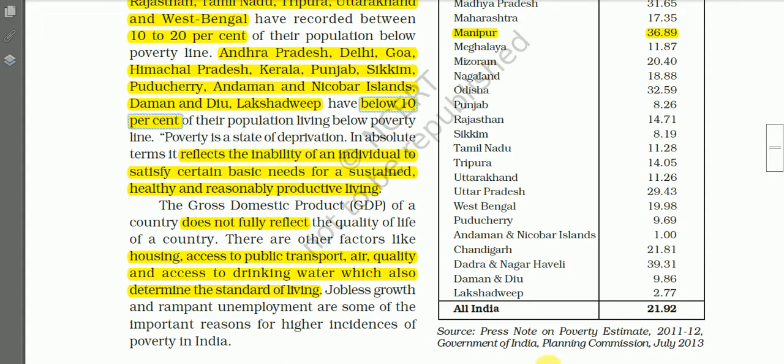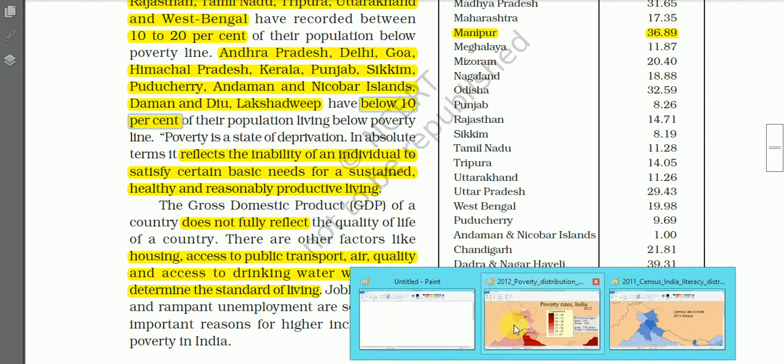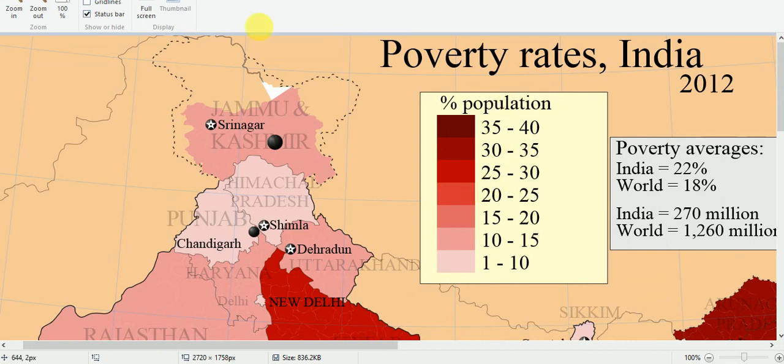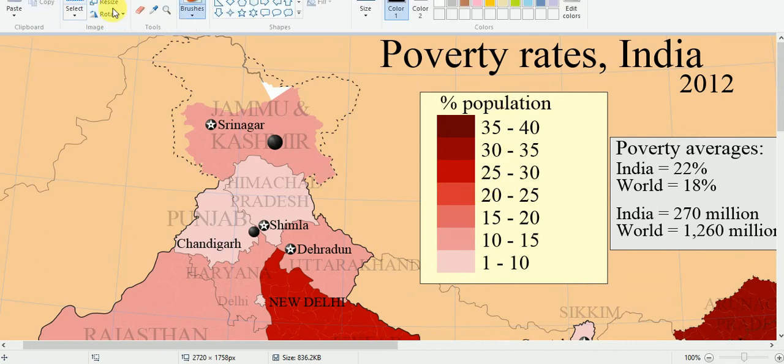And if you see this map, then you'll find the same. See the index, the tinting method is there.